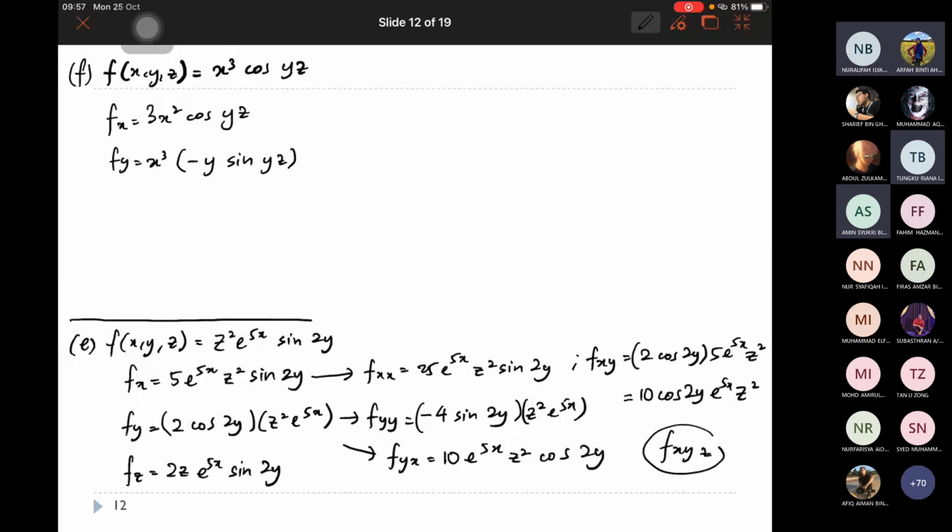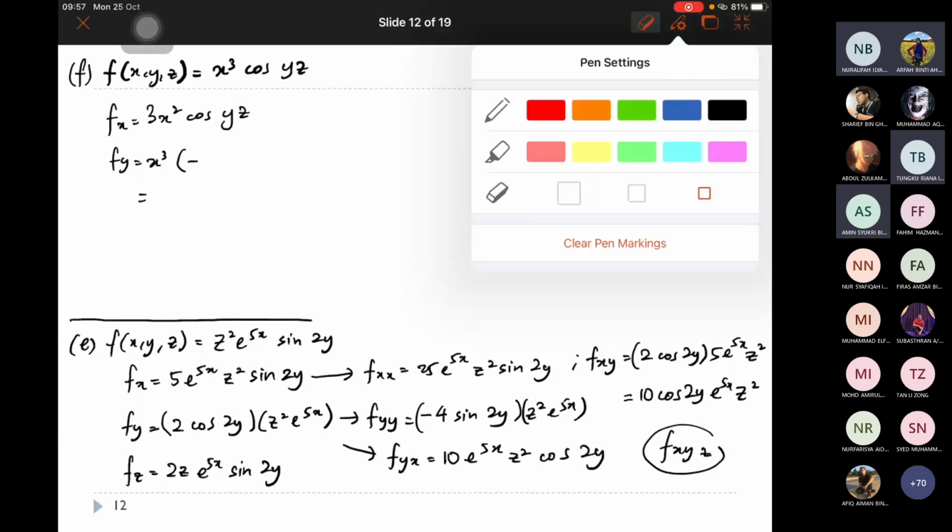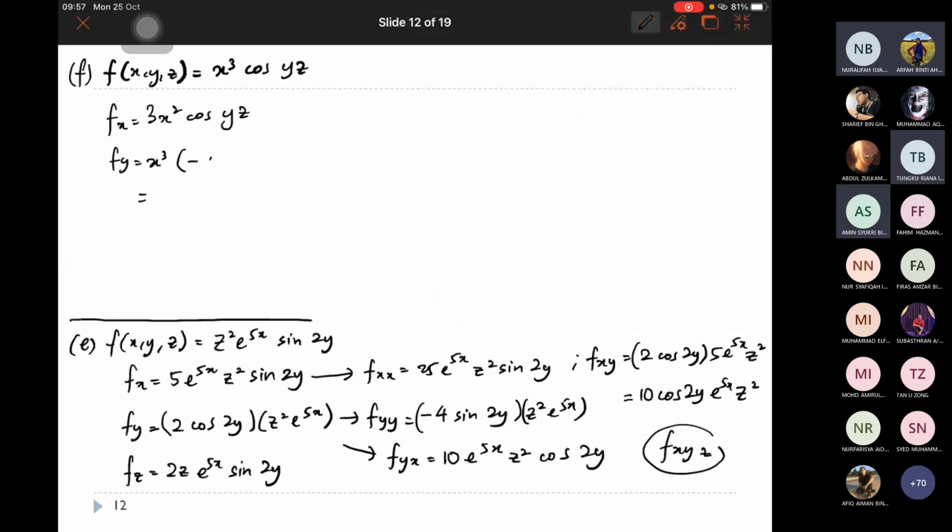So this one equal to, dia tak ada negatif y, negatif sin yz only. So it will become negative x cube sin yz. That is fy. Okay. Then fz. Sama juga. X cube salin je. This one akan jadi negative sin yz as well.